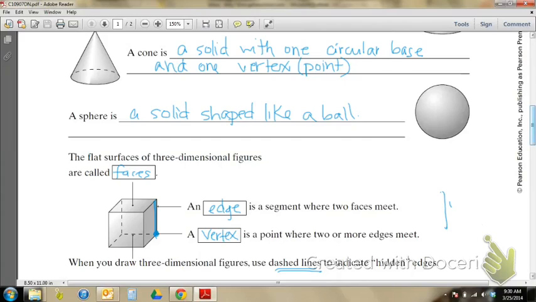So you can start with one, and then you do these. But then any ones that are on the inside have to be dashed lines. Okay, because you would only see the outer parts. So you just got to be careful with that. All right, let's move on to some examples.